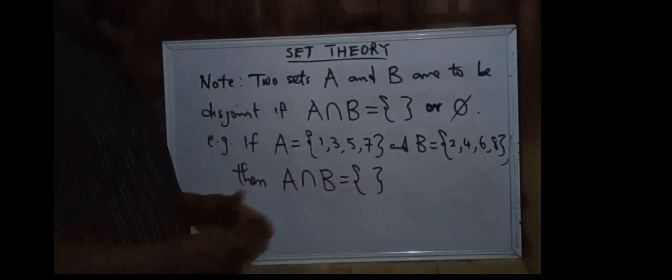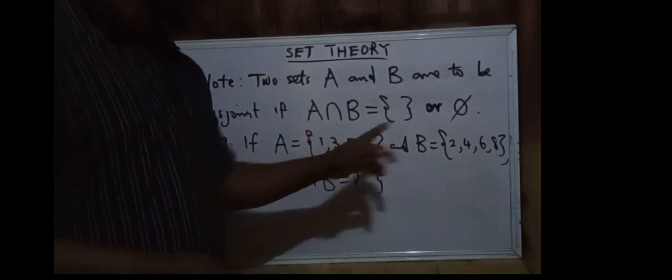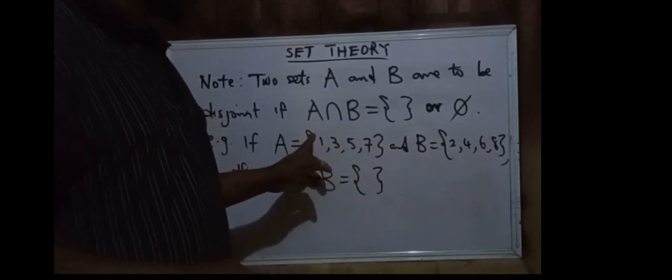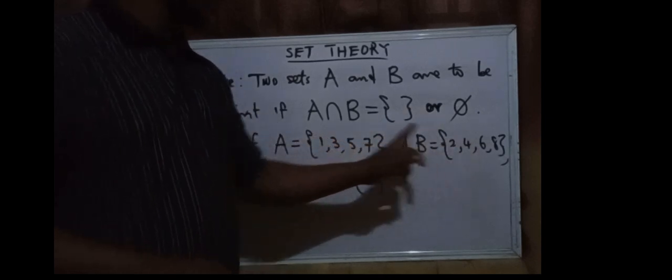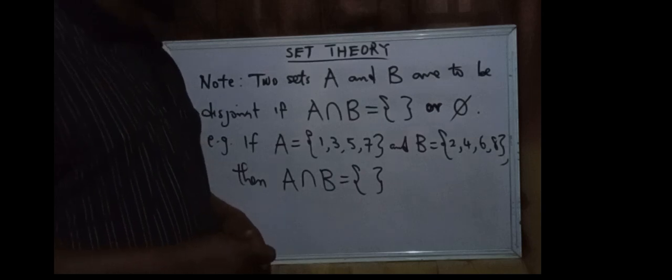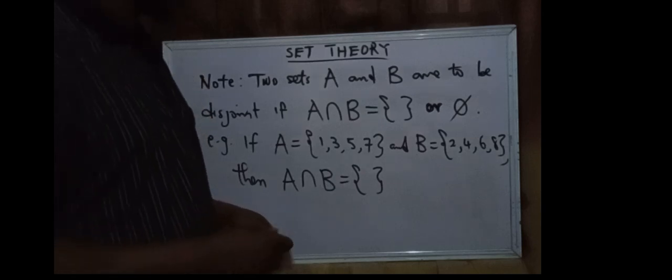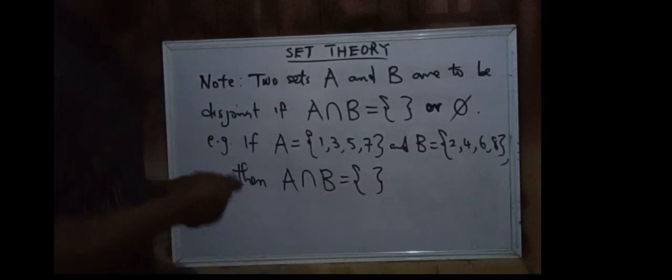This is because there is no element that is in both A and B. If you pick 1, it is in A but not in B. 3 is in A but not in B, 5 is in A but not in B, 7 is in A but not in B. So there is no element to pick, which means A and B are disjoint.